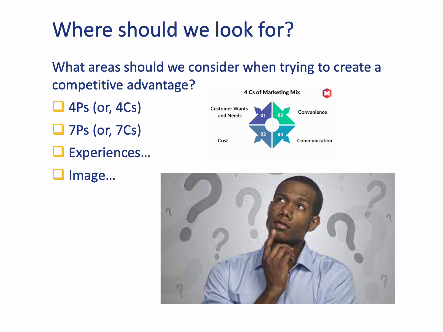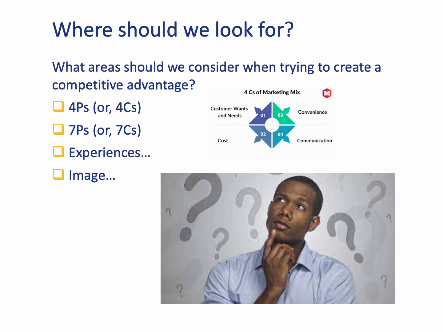So other than 4 P's or 7 P's, which are classic or traditional theories in marketing, you can consider experiences in general. What feeling, emotional connection that we leave with the customers when they engage with us. You can consider differentiation through image, which is concerning more branding decisions.